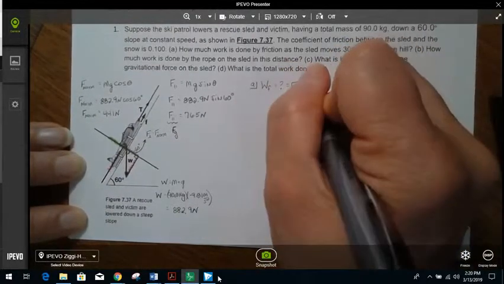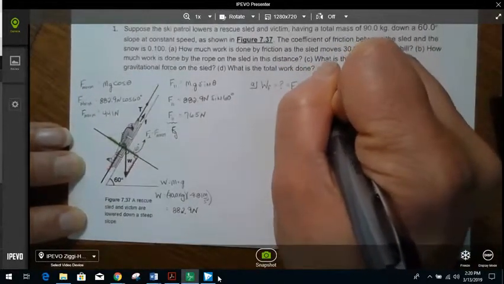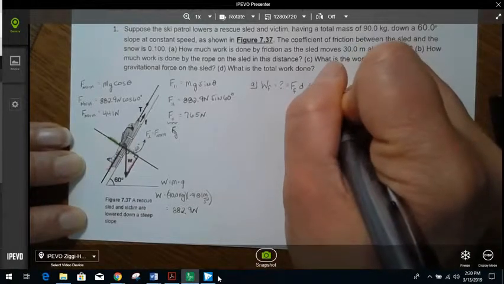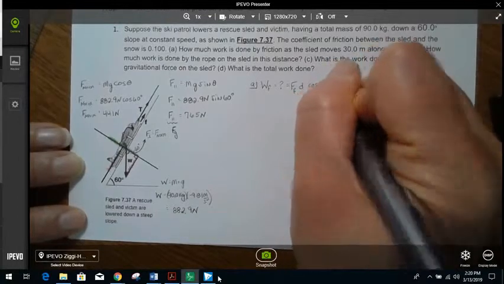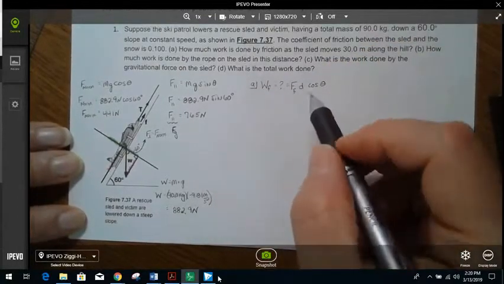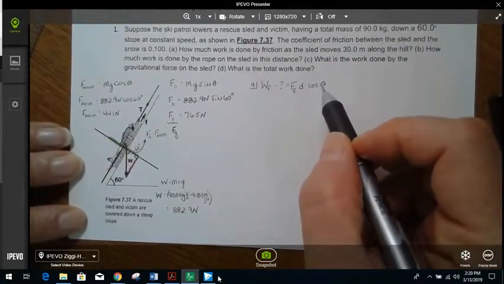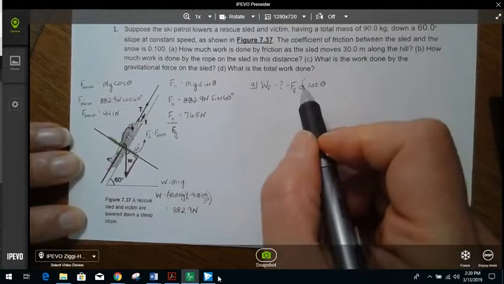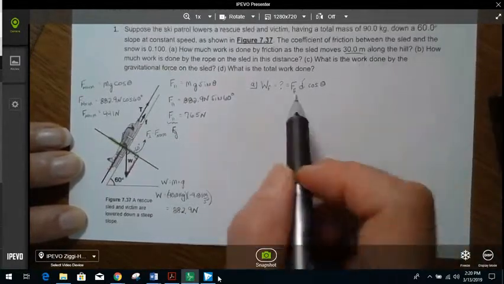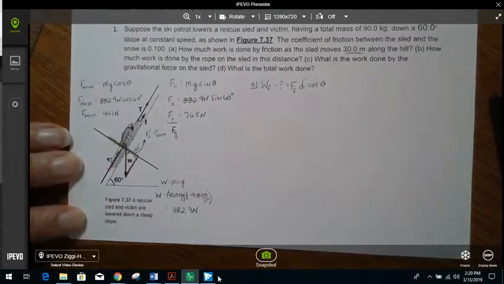And then remember, we need to look at that cosine of the work in relation to the distance that it's moving. We have the distance of 30 meters right there, but we don't have the force of friction.